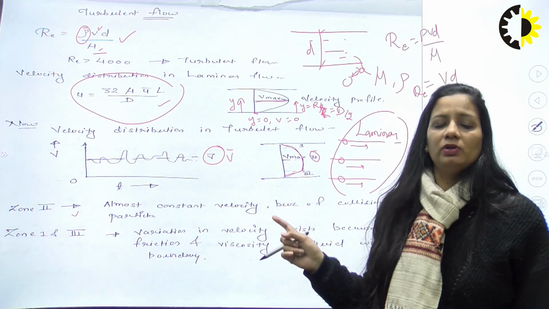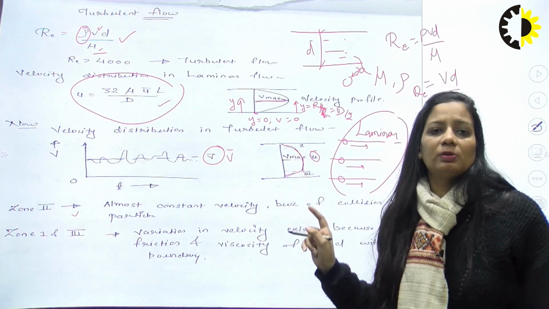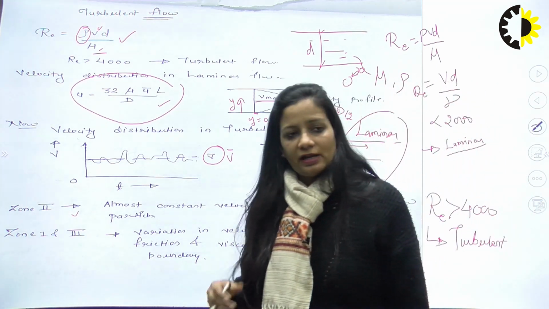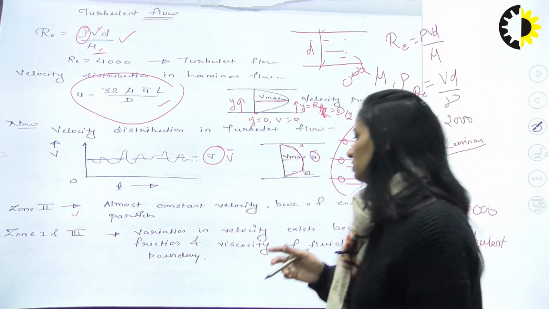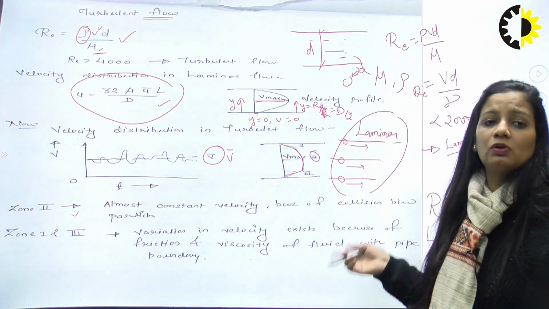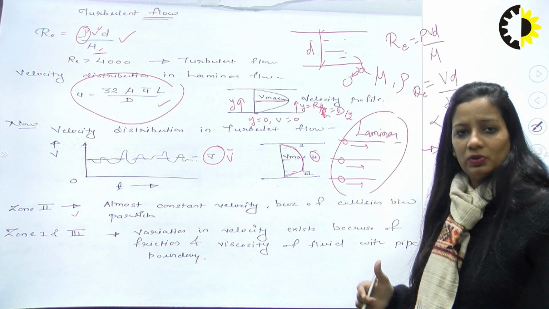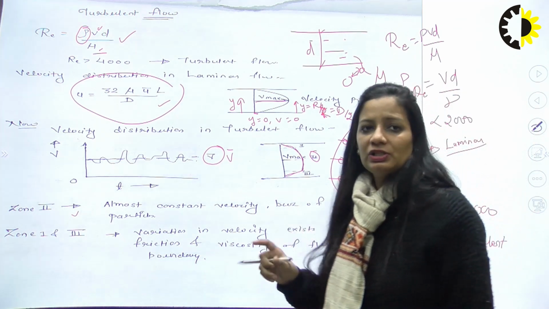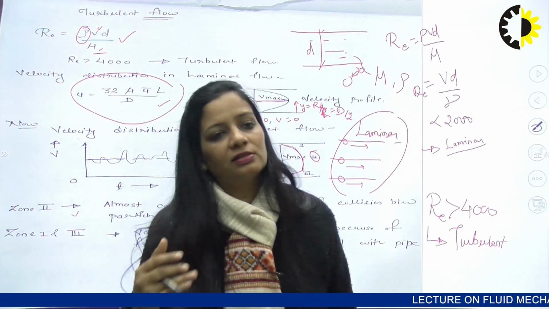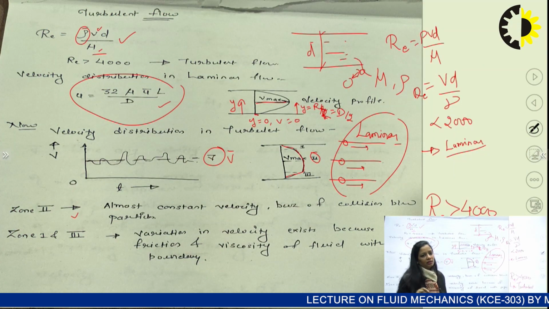Now talk about zone number 1 and zone number 3, where you can see the straight lines. The variation in velocity exists because of friction and viscosity of the fluid with the pipe boundary.